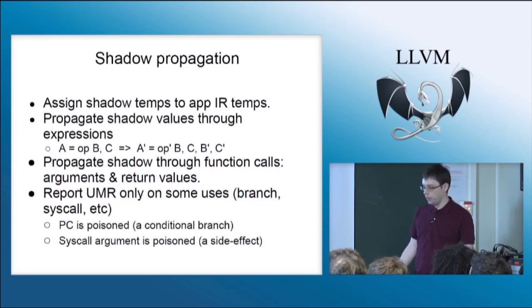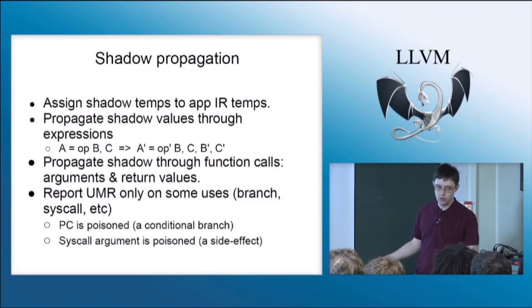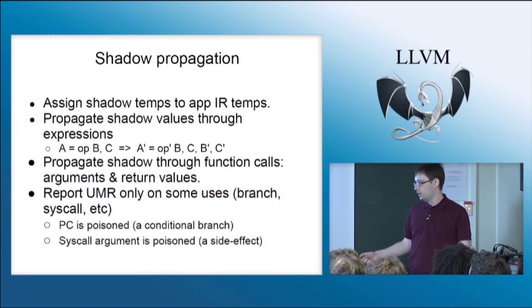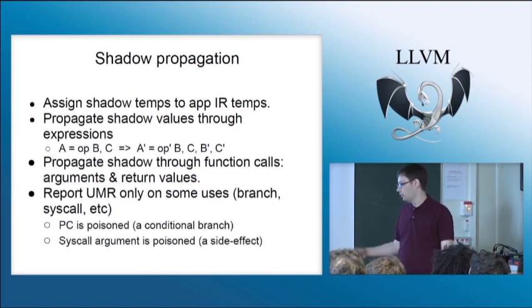We try to warn only when we cannot propagate any longer. For example, when the PC, program counter, gets poisoned because of a conditional branch that depends on an uninitialized value, or when this uninitialized value spills into the environment, for example, as an argument of a system call.